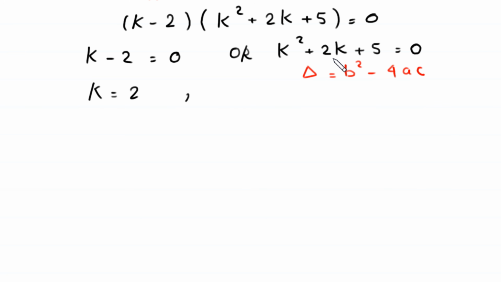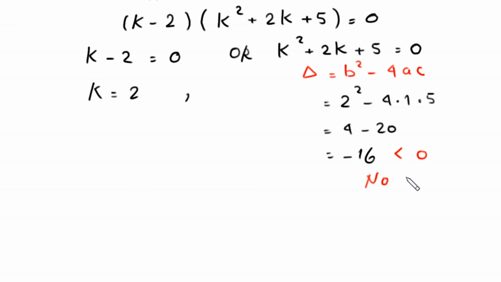Since b is 2, a is 1, c is 5, this becomes 2 squared minus 4 times 5, which is 4 minus 20, negative 16. So the discriminant is less than 0 and no real solutions can be found from this equation. So we accept only k equal to 2.